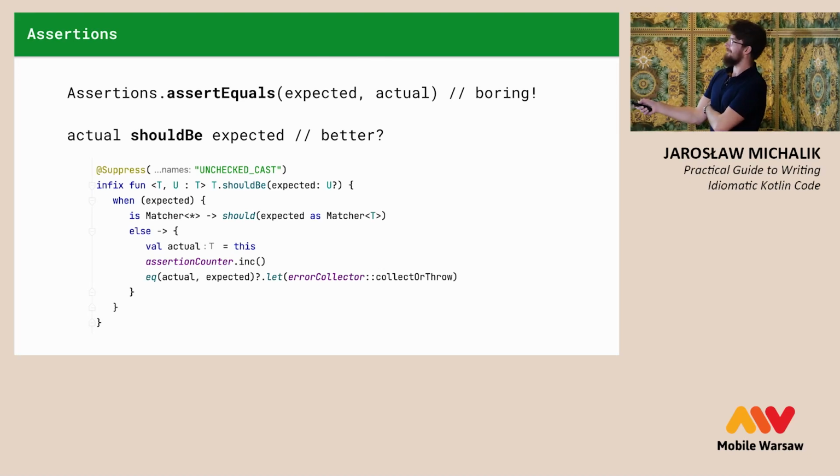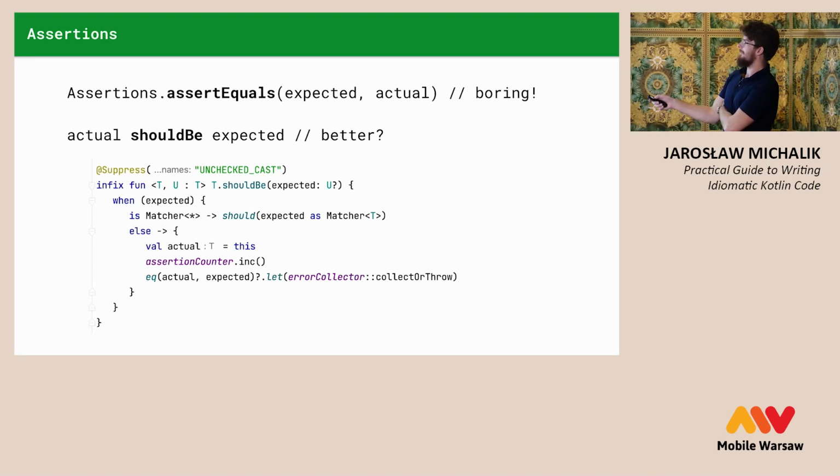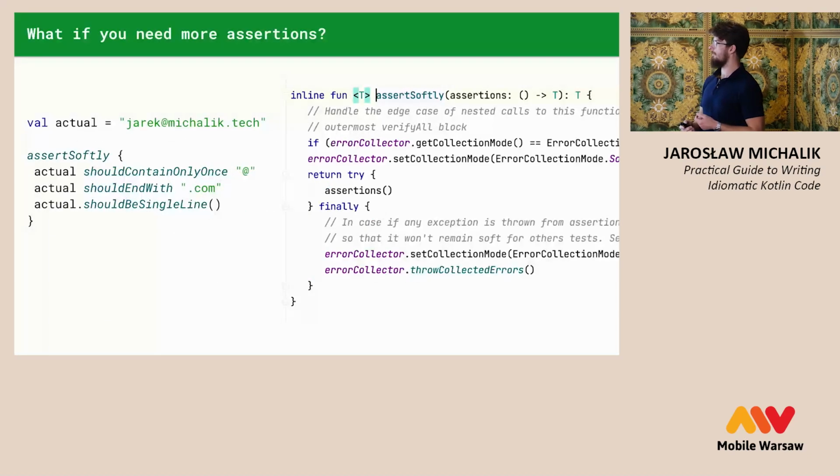Another interesting thing, the order of expected and actual in assert equals is different in JUnit 4 and JUnit 5. And in some other libraries, the order is not so obvious. But once we are using actual value should be expected value, output of this function should be 2, should be 3, something like that, it reads like a sentence, so the order of this assertion is more obvious.